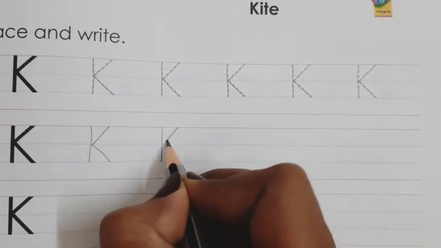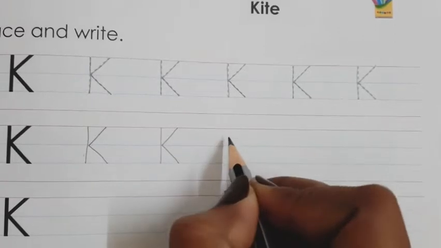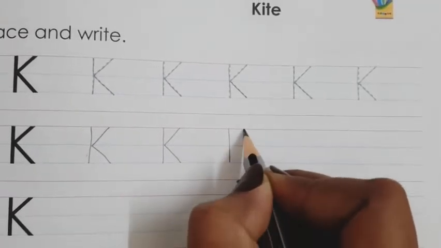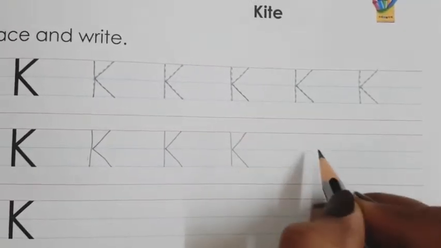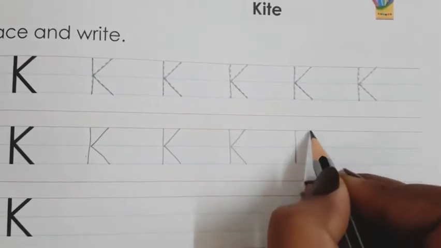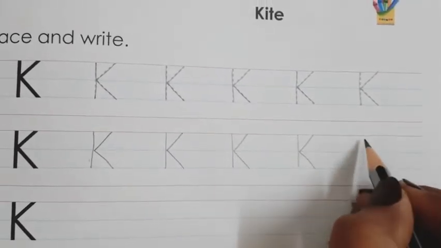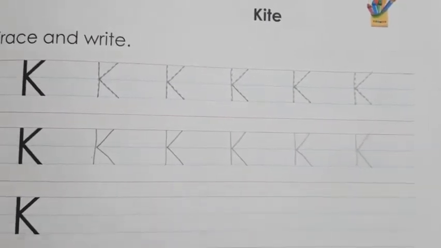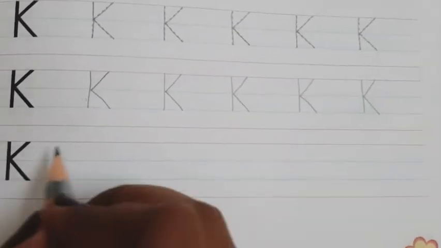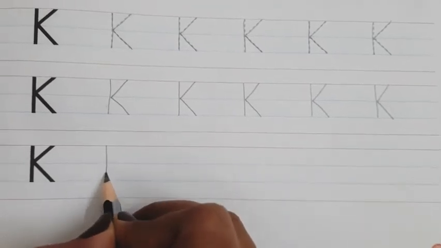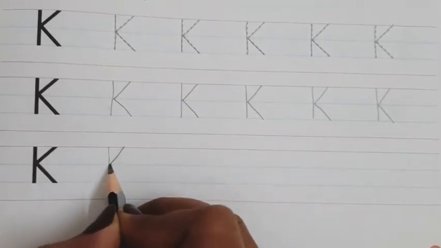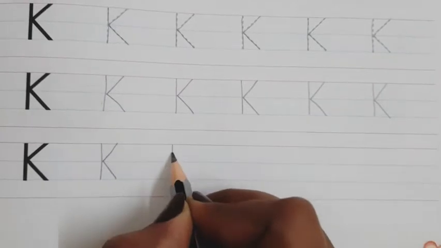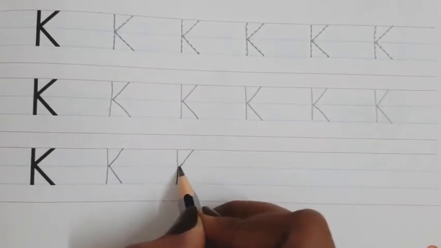K ka kite, K ka kangaroo, K ka cattle, K ka canal. You need to speak and write so that you can learn the formation and learn the words that start with letter K and learn the sound as well.